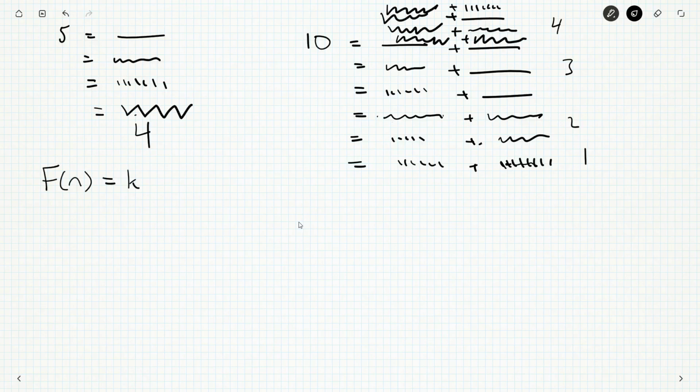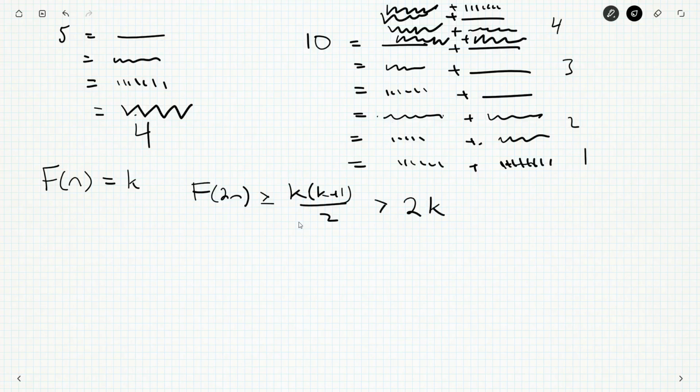If f of n equals k, then we'd be able to show f of 2n was at least equal to k times k plus 1 over 2. And that's bigger than 2k, maybe?